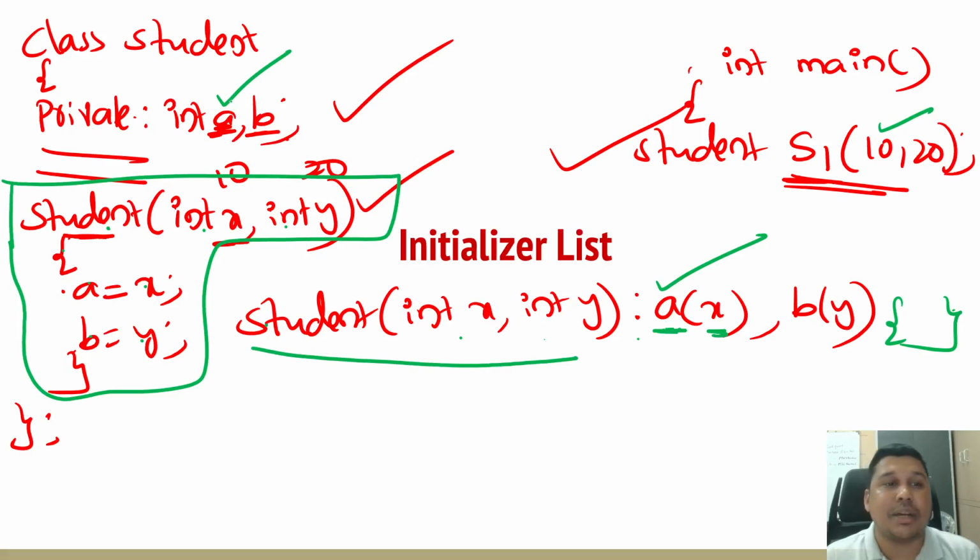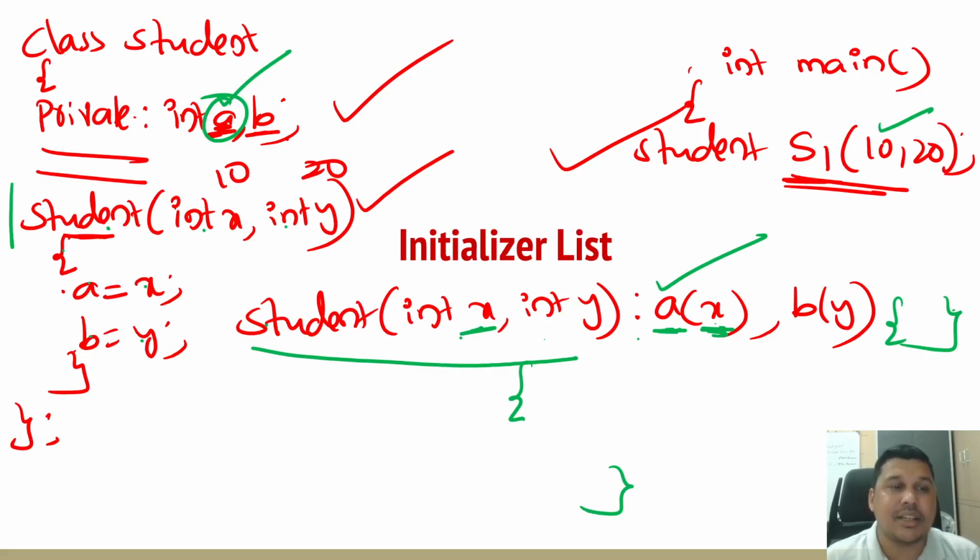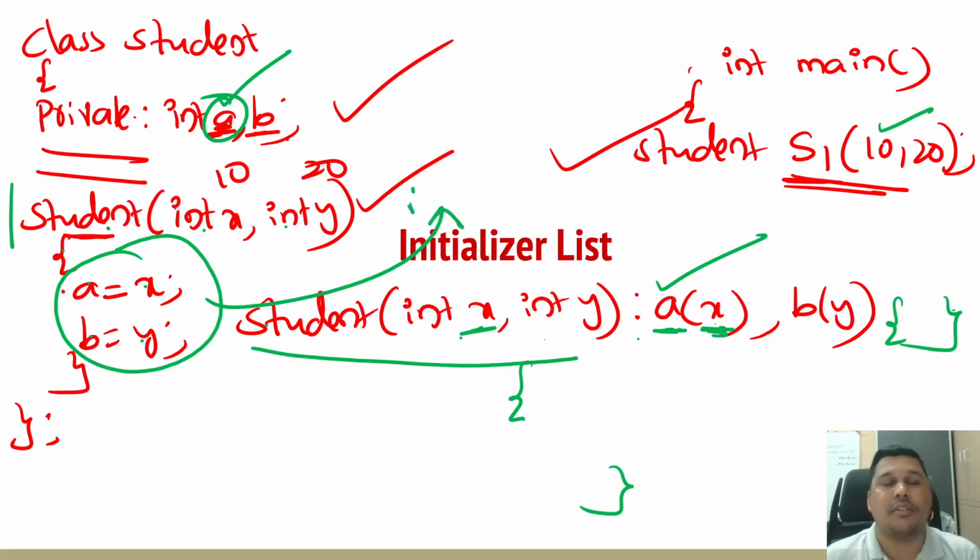This a is the actual private variable, and x is the temporary variable. I write a of x, comma, b of y, and then open and close curly brackets. Nothing else in that. Indirectly, it means the block a equal to x, b equal to y, I am shifting to this location using the colon.